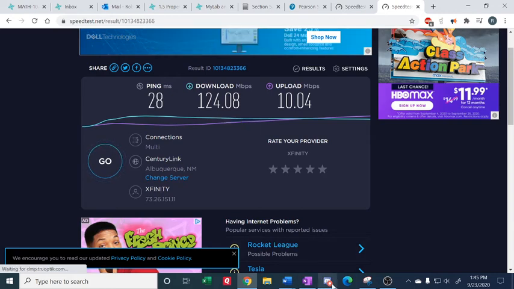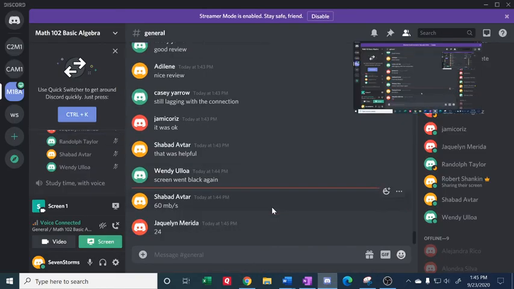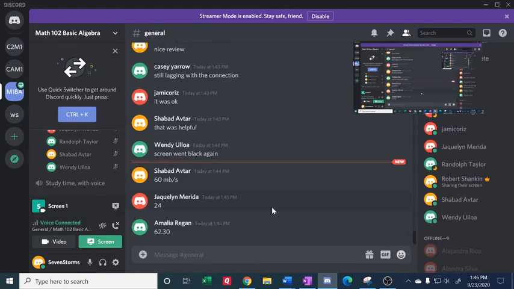So once you figure out your download speed, come back and type it in the text channel. Let's see what your download speeds are. See if those of you that are having difficulties with the connection, see if it's because of your download speed.